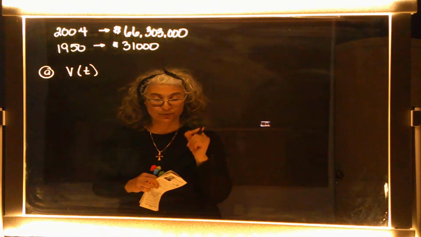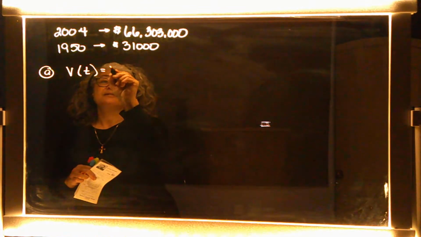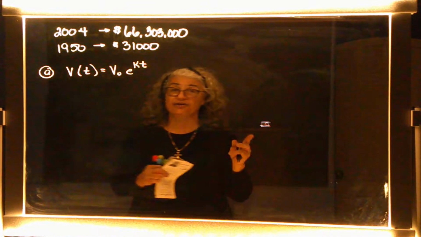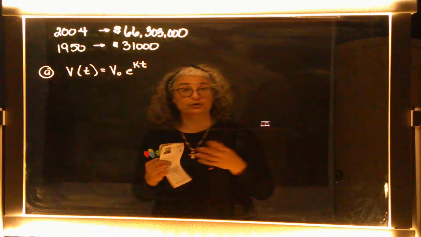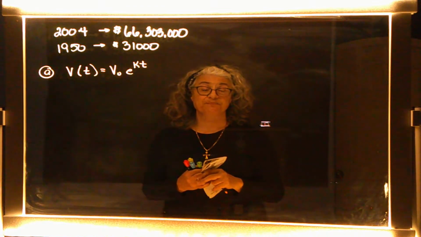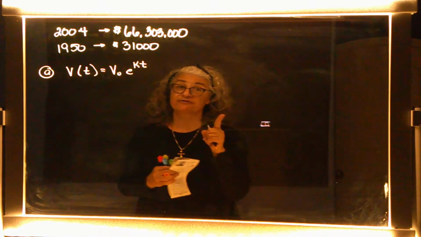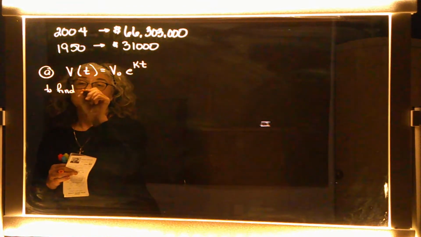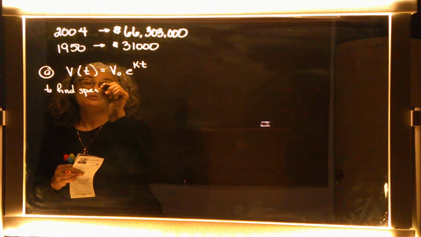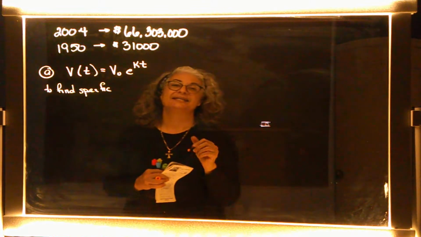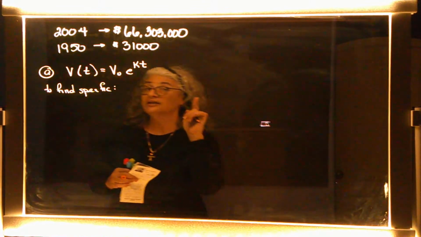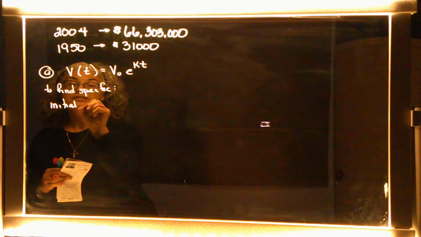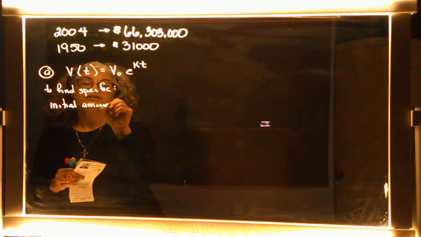Well, since it's a growth rate, that means that this is our standard generic formula for a growth rate, right? Now, to find the specific formula, how many pieces of information do we need to know? Yeah, 2. We need to know what? Good. The initial amount. And we need to know the rate.